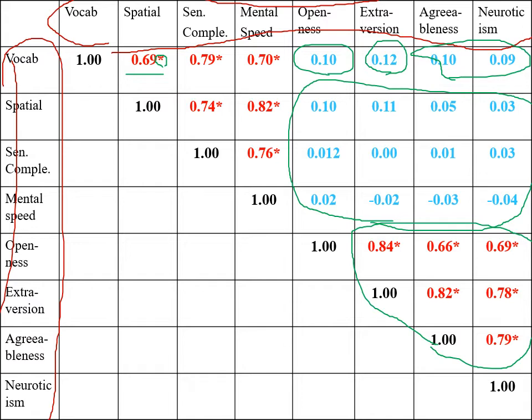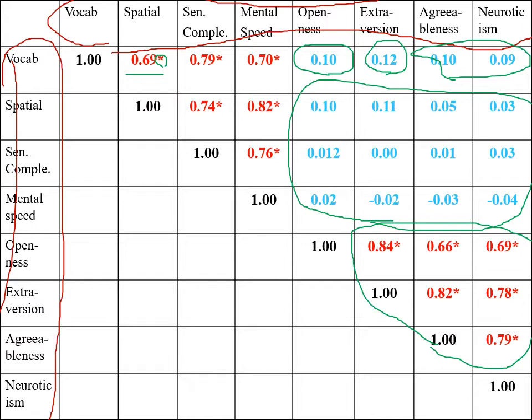Now if you took some sort of psychological testing class, you will know that the first four are aspects of an IQ test. All four of these are subdomains of intelligence quotient. Whereas the latter four, openness, extroversion, and so on, are subdivisions or components of personality.